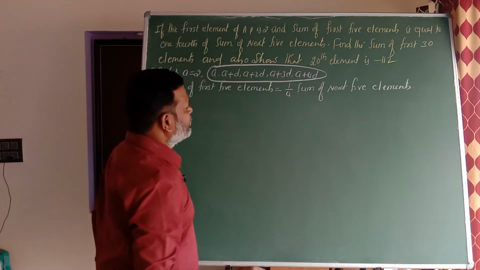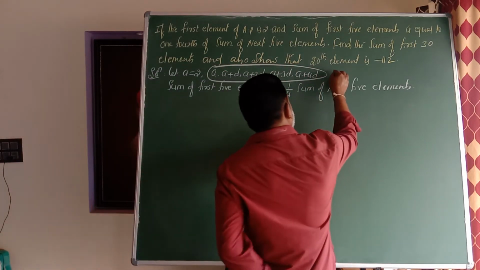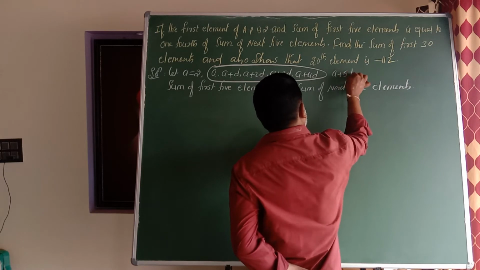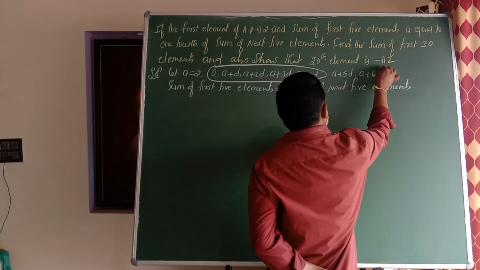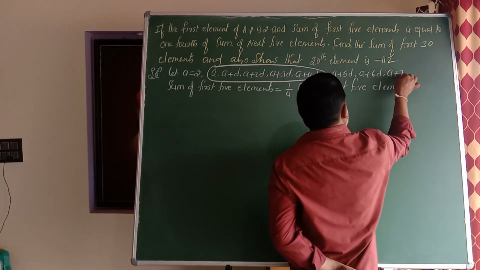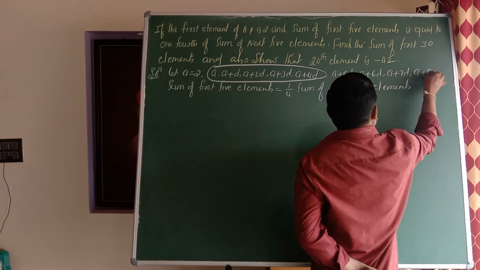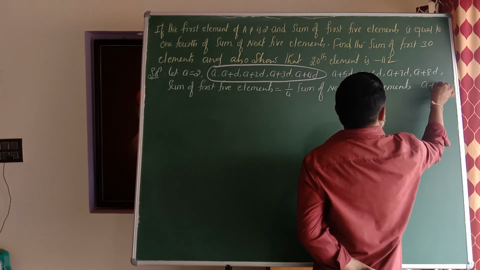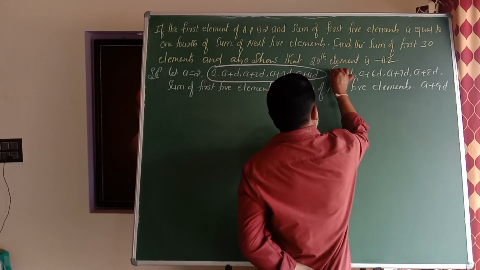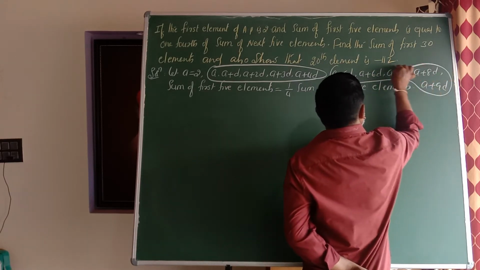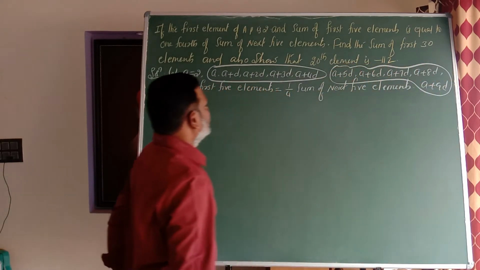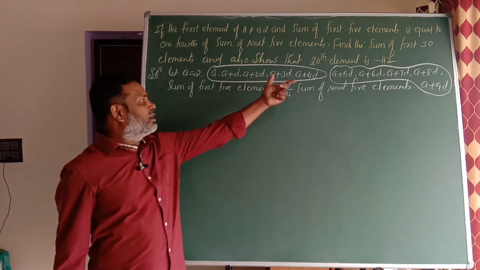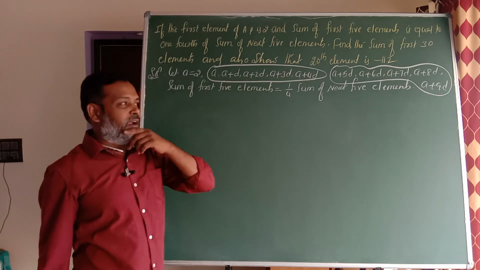What are the next 5 elements? A plus 5D, A plus 6D, A plus 7D, A plus 8D and A plus 9D. These are the next 5 elements.